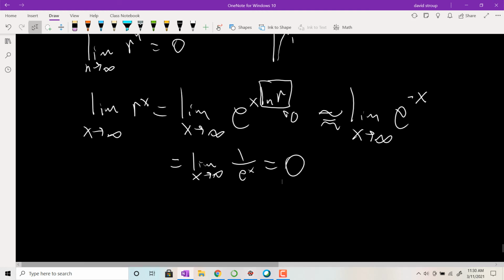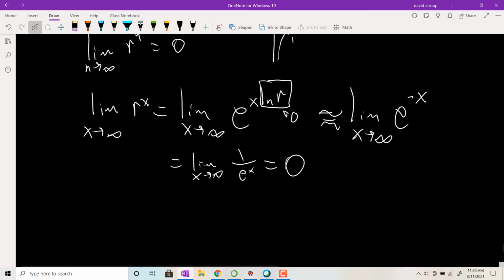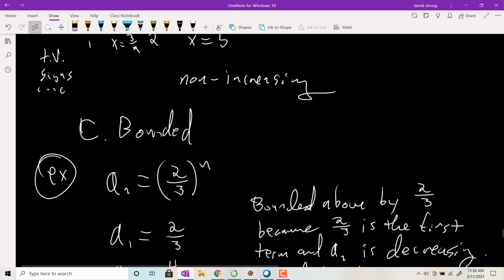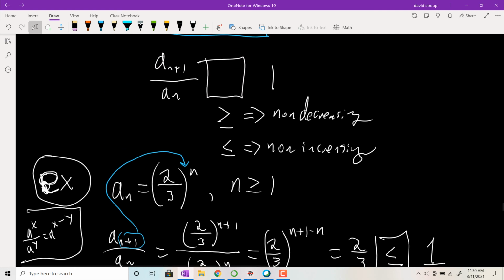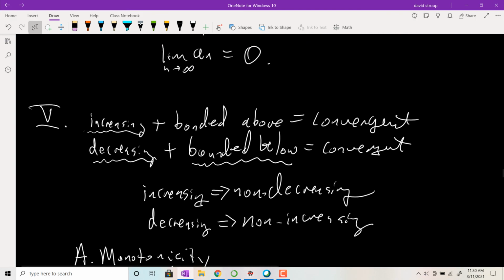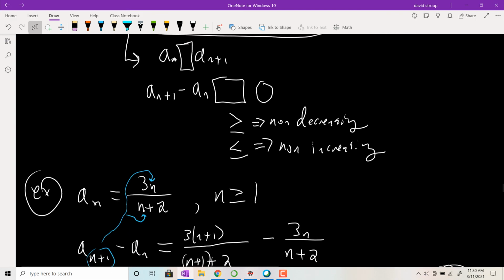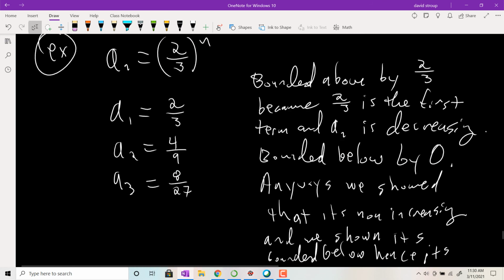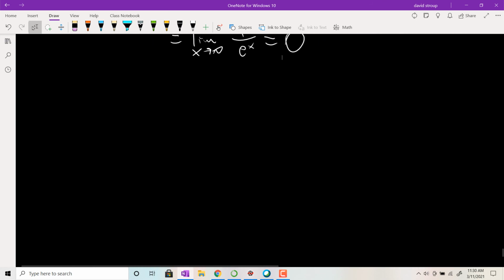Anyways, we want to prove this factoid, okay? And that is not an easy thing to do. The proof that monotonic bounded sequences are convergent relies on something called the Axiom of Completeness, which we don't even have yet.